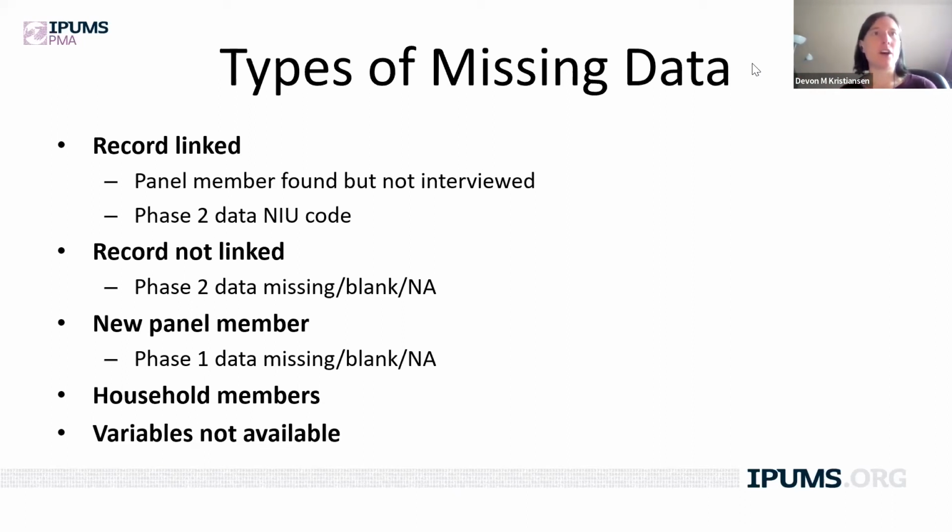And then also some variables were not asked in both phases. For example, for the phase 1 data samples that we're going to be looking at today, their first baseline survey happened before COVID-19. So they could not possibly have asked a question in phase 1 about how concerned the woman was about contracting COVID.